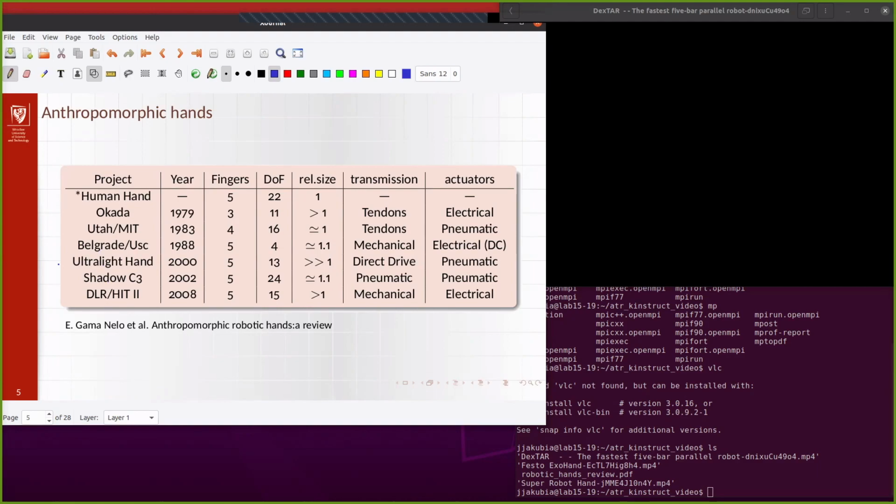The last three elements, Ultralight, Shadow, and DLR, are, let's say, the top solutions in certain aspects. So as you can see, what we try to imitate is this one. The human-size hand has 5 fingers and 22 degrees of freedom.